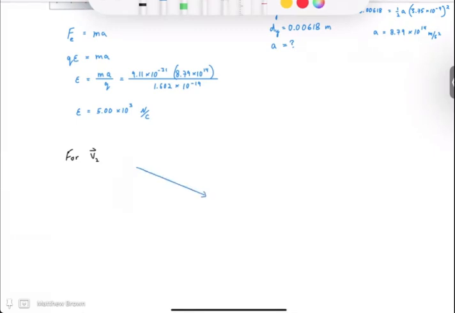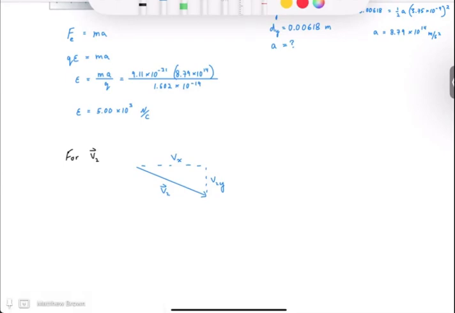Suppose the final velocity is something like that. And so this is Vx, which is constant, and this here is V2y, which I didn't actually solve for.